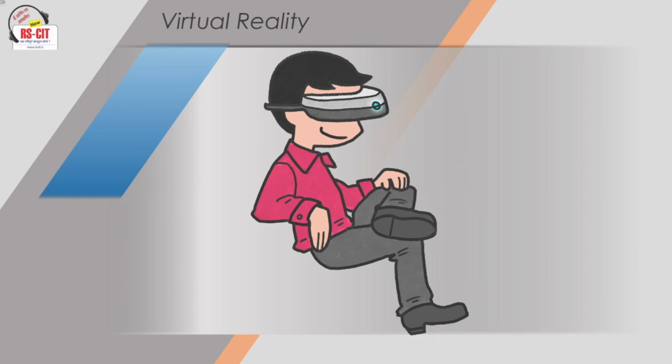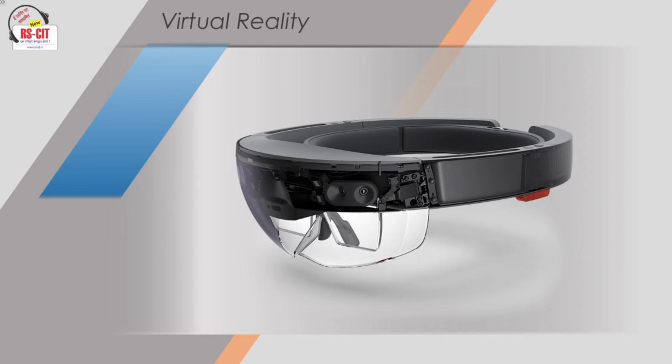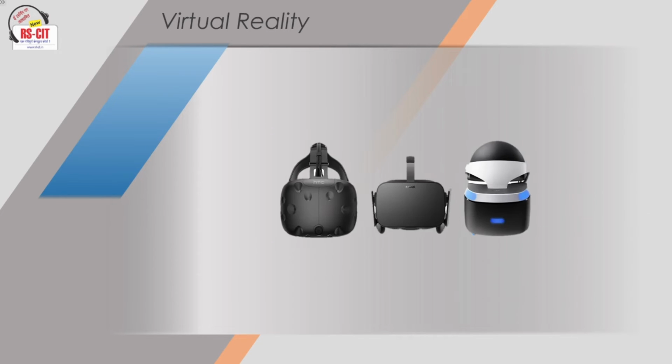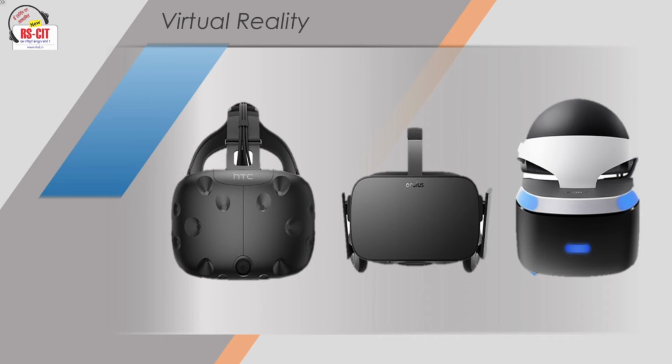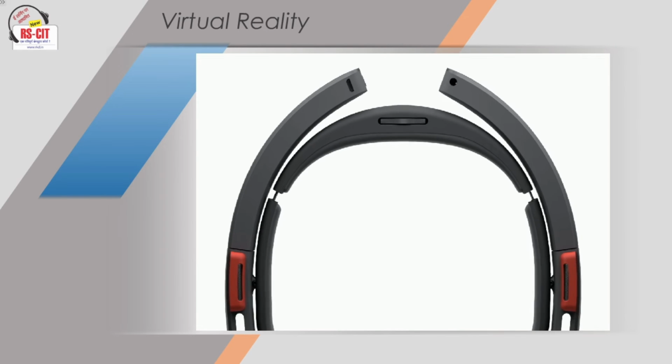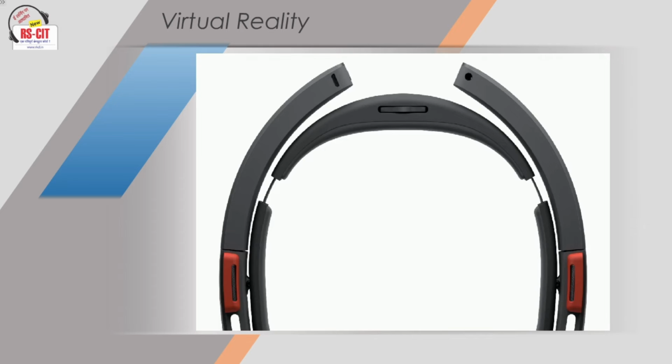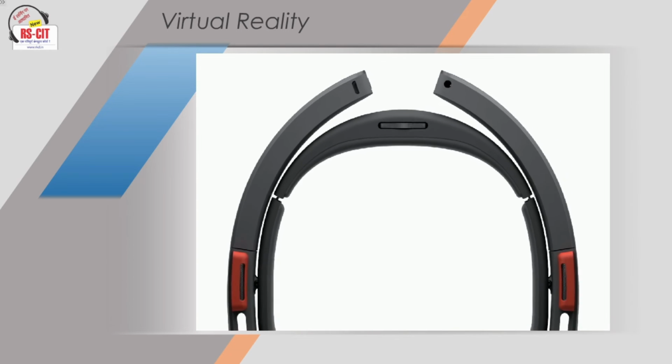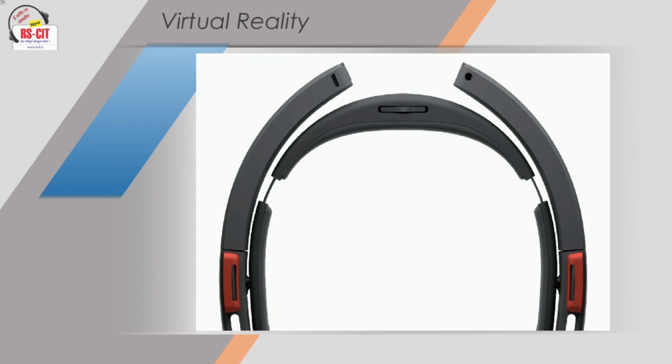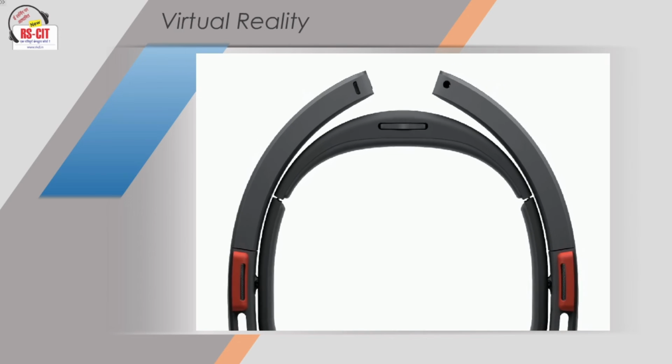VR, that is immersive multimedia, involves using computer technology to create a simulated 3D world that a user can manipulate and explore while feeling as if he were in that world, used in games, training, etc. Typically, a VR experience includes the following three components: 3D images that appear to be life-sized from user perspective, ability to track user's motions, particularly his head and eye, so as to adjust the images on user's display to reflect change in perspective.